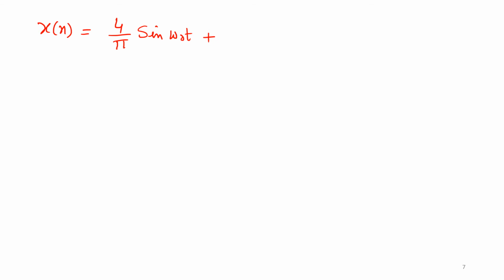Then the next odd n is 3, so 4 upon 3 pi sine 3 omega naught t. Remember, the even part is absent because Cn is 0. And the next one is 4 upon 5 pi sine 5 omega naught t, and like that it will continue.